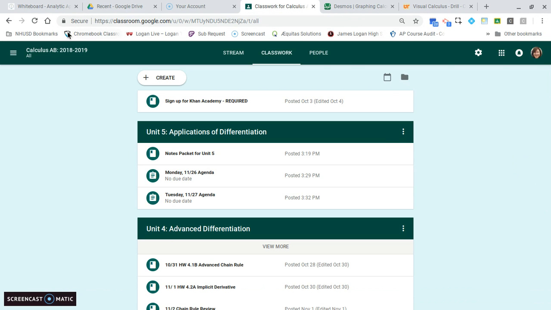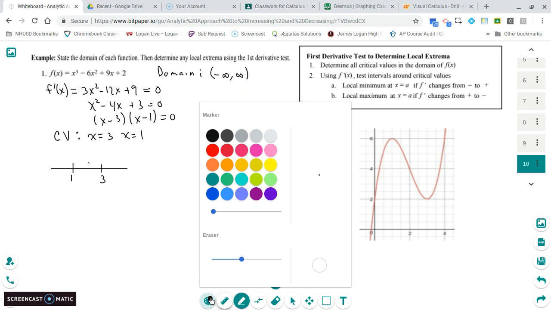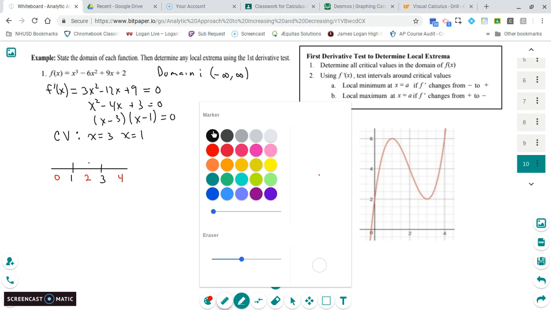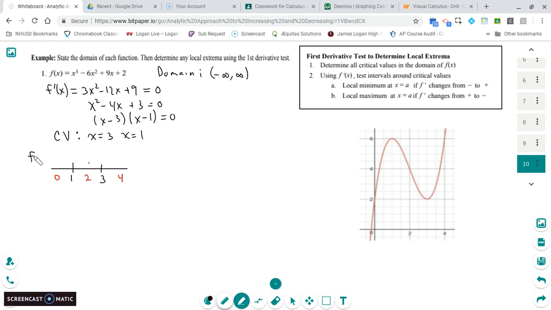And there I go, changing the page again. Okay, so remember that we're to pick values around that. How about if we pick 0, 2, and how about 4?